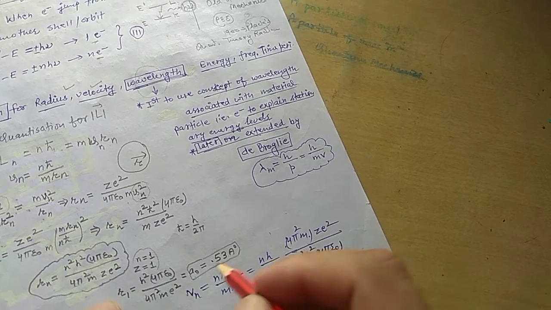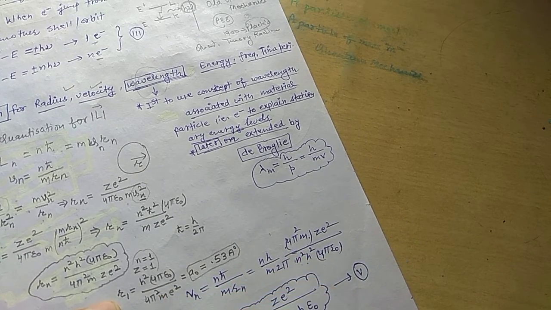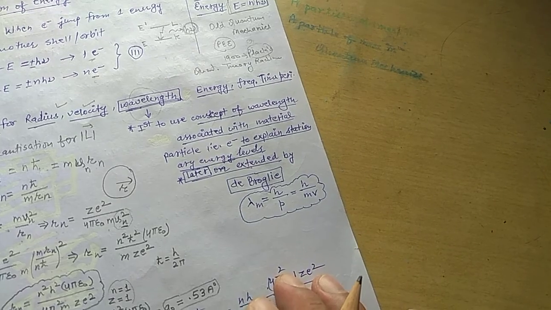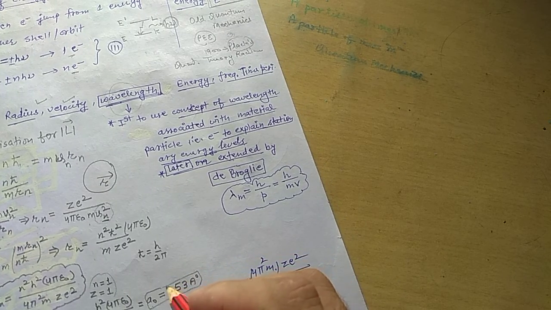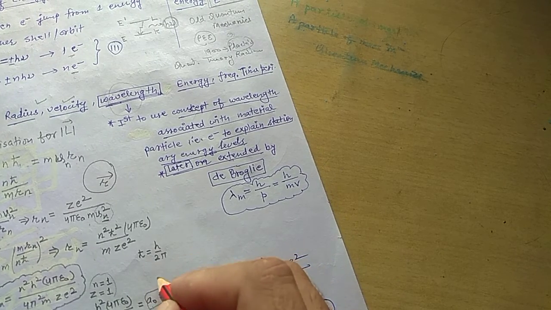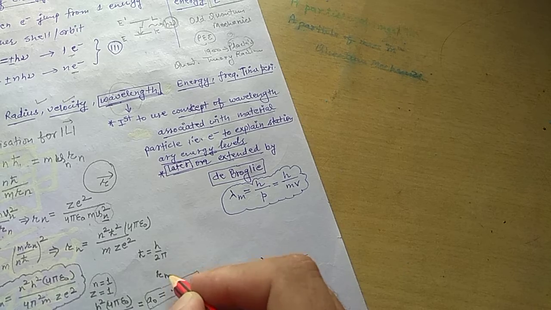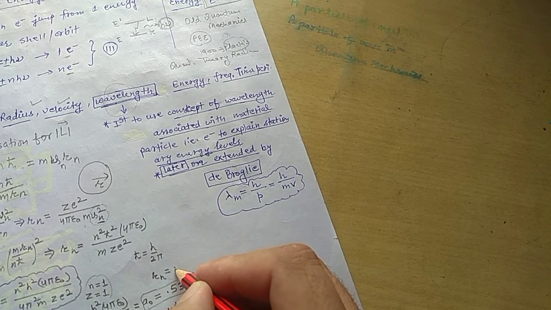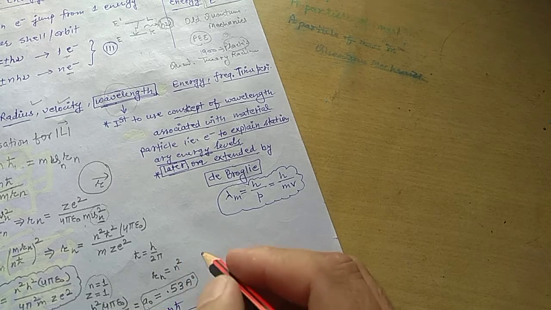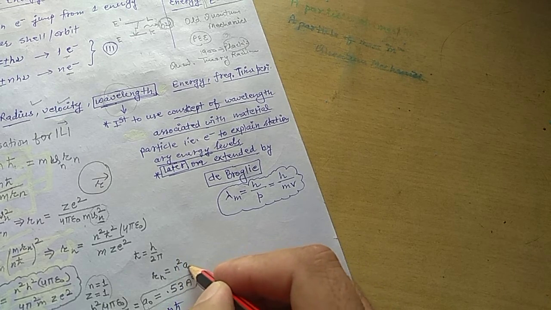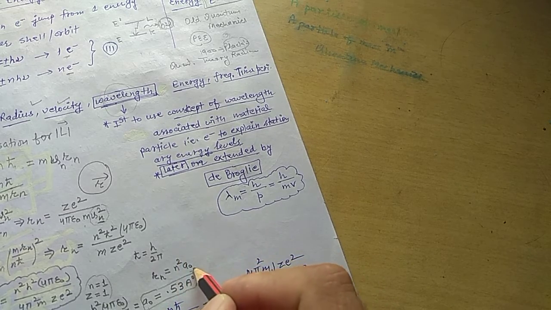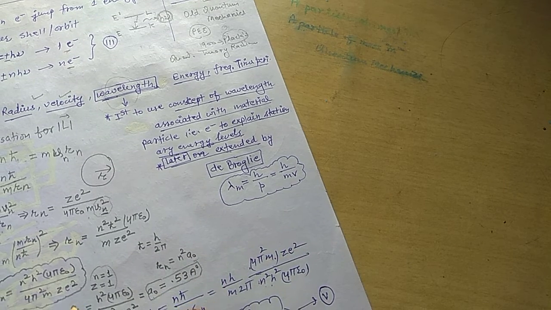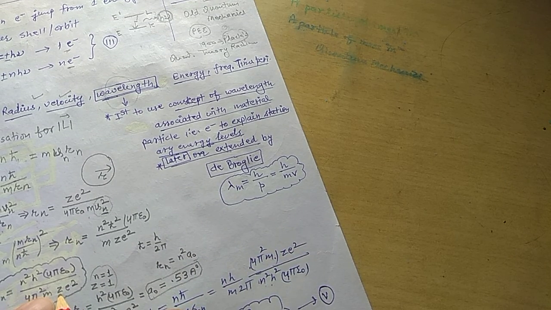Okay, and here you see one more thing. If you want to find out the radius of the nth orbit for hydrogen, then this will be equal to n square times a node. This is for hydrogen, and for hydrogen like atoms there will be a change in atomic number.